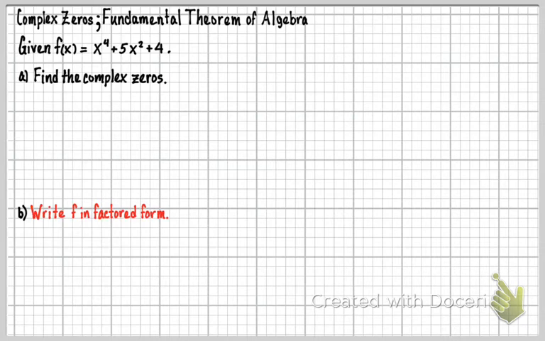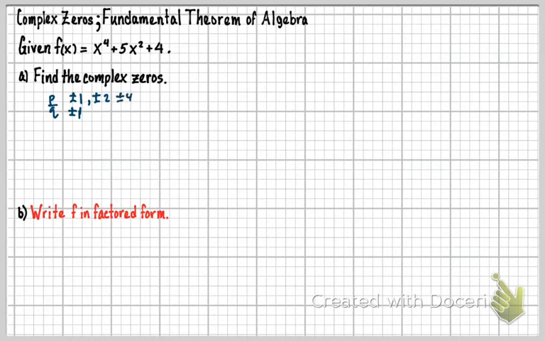So if I did the p over q idea here, I'm just going to give you an idea of what that looks like. On the bottom, I get plus or minus 1. And on the top, I would get plus or minus 1, plus or minus 2, and then plus or minus 4.